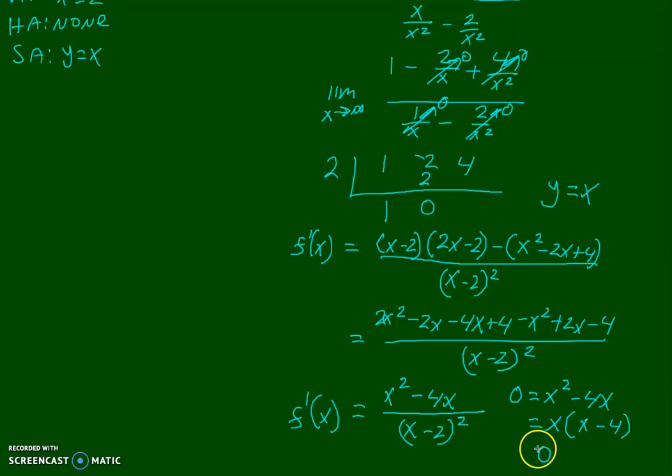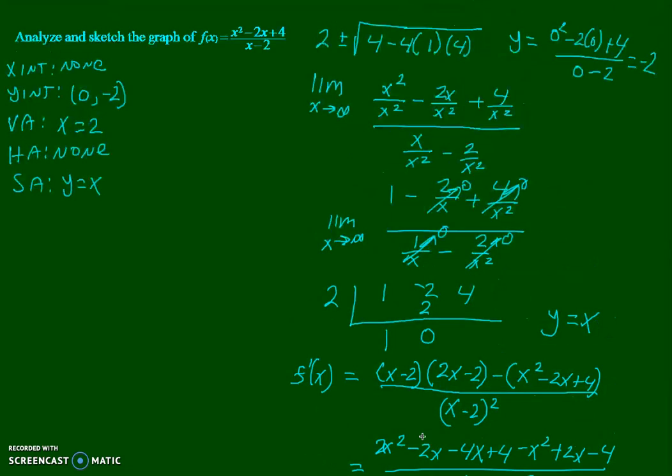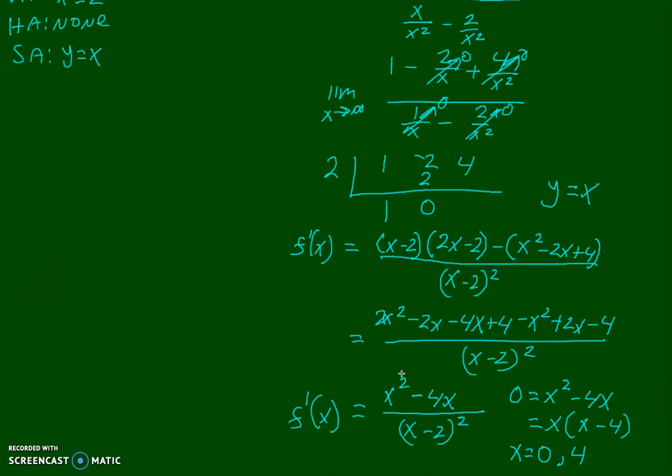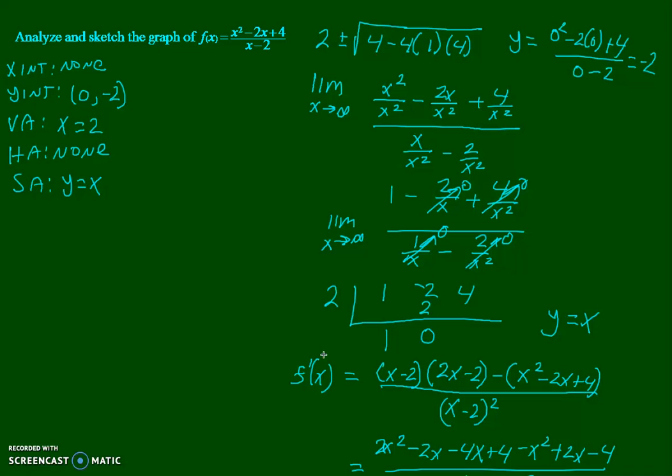So we have x equals 0 and 4 as two of our critical numbers. Now our other critical numbers will occur where the first derivative is undefined. That occurs at x equals 2, but notice that we have a vertical asymptote at x equals 2, so 2 is not a critical number. Our only critical numbers are 0 and 4. So let's go ahead and put that in here.